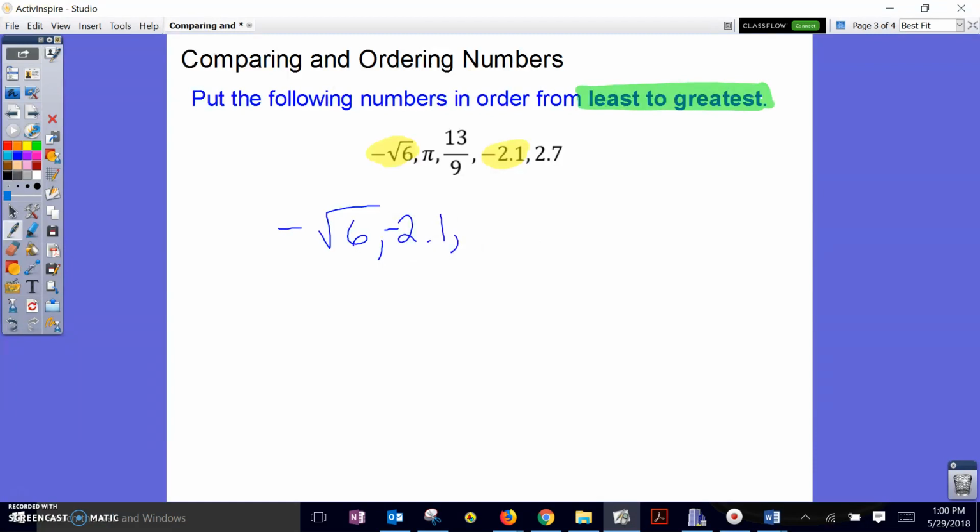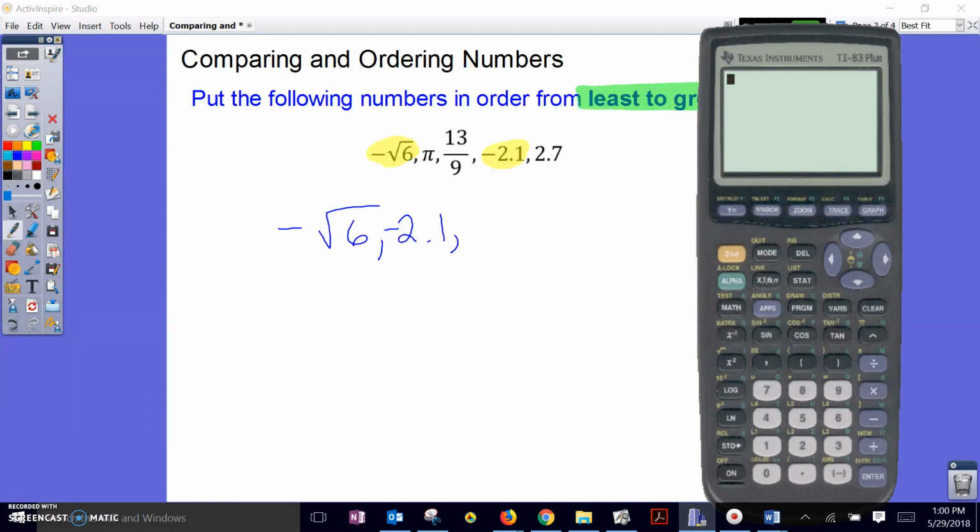Now we turn our attention to the remaining 3 numbers on the list, the positive numbers. We all know that pi is about 3.14, and 13 over 9 is 1.444. So we're going to compare those 3 numbers.